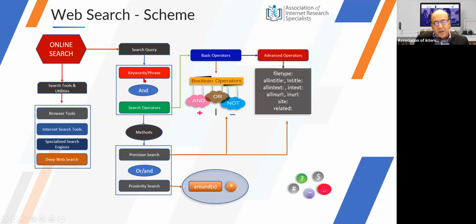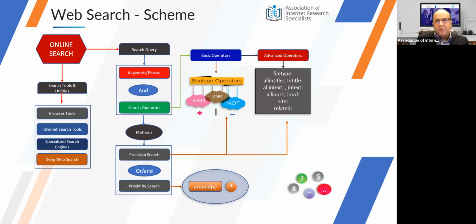Now, when you are using keywords and search operators together, there is a method to it where we design our approach to doing search using search queries, and we call them methods. One of them is called precision search, which means that we are doing a more narrow, more focused search, or a search for something that we know enough about that it can create a successful search query.